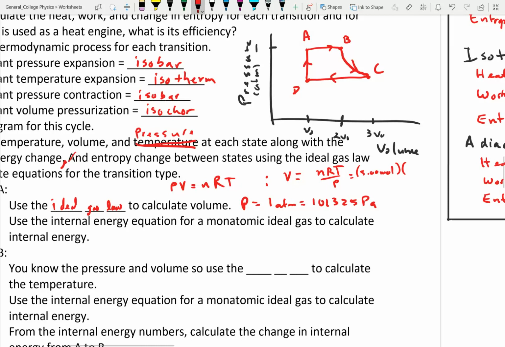The R value in units of kelvins, moles, atmospheres, and liters is 0.08206. And I don't have room to put in the units there. I don't even have room to put the temperature. Temperature needs to be in kelvins, so that's going to be 273.15 kelvins. And then divide by the pressure of 1 atmosphere.